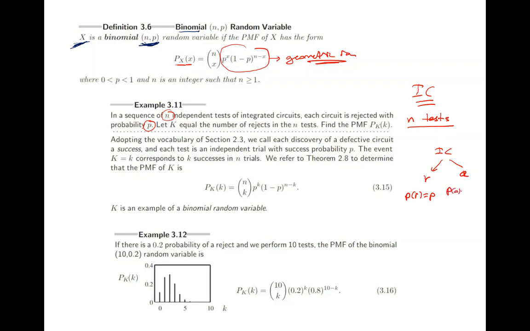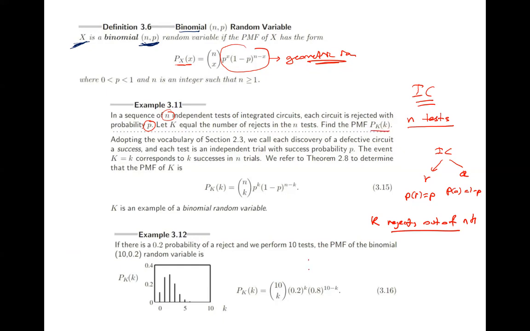So the probability of an accepted chip is 1 minus p. Now let K equal the number of rejects in n tests. So we have K rejects out of n tests. This is simply a binomial random variable.